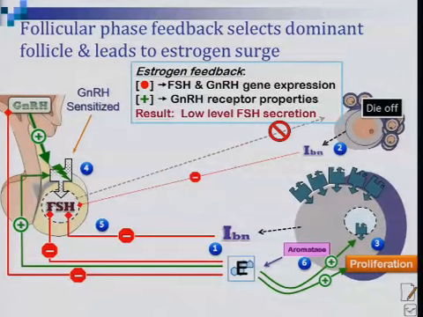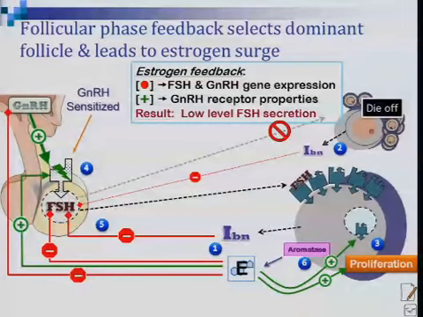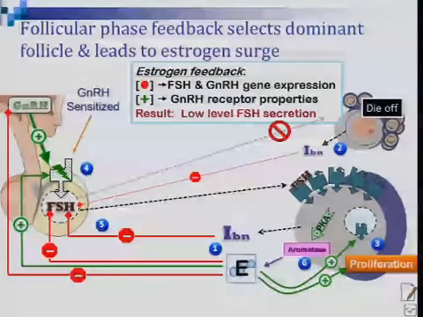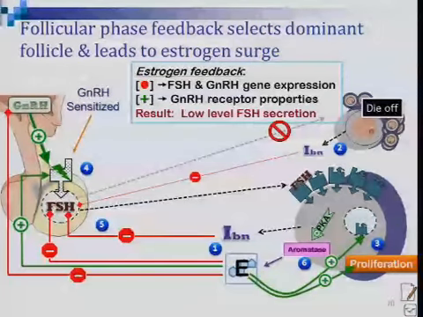This is not enough to allow estrogen synthesis in these follicles that haven't done such a good job of synthesizing FSH receptors, but it is sufficient to keep the dominant follicle going. That allows more synthesis of aromatase, which keeps estrogen increasing, and so estrogen starts to surge. That gives you what amounts to a positive feedback in allowing this dominant follicle to take over.